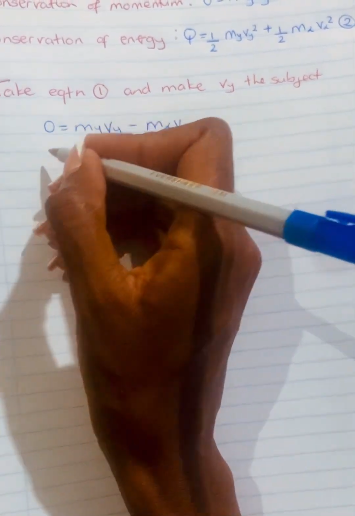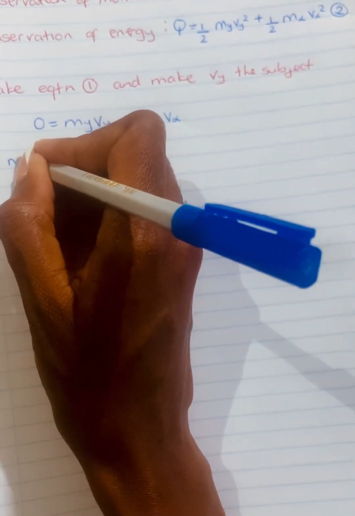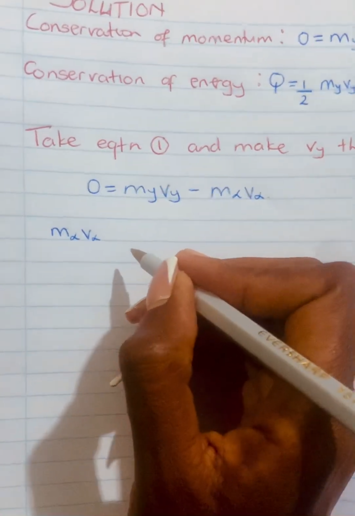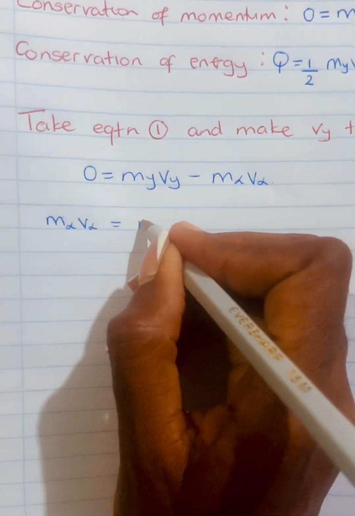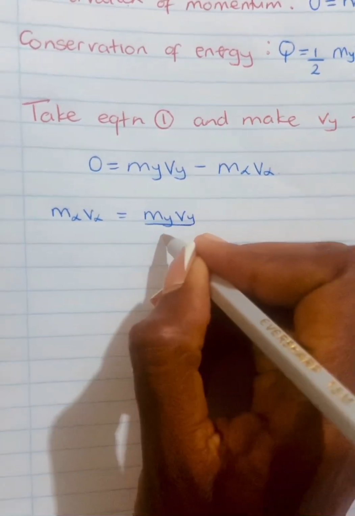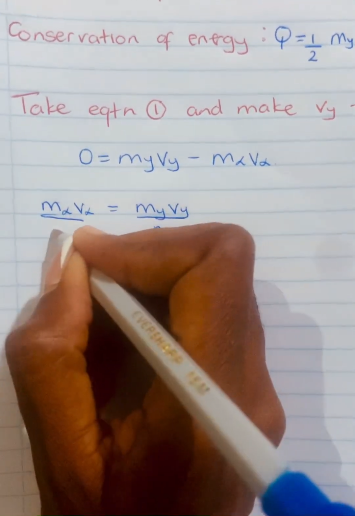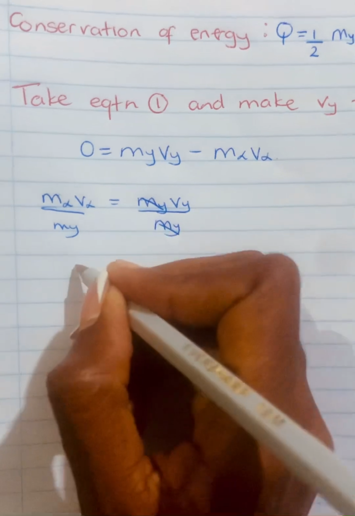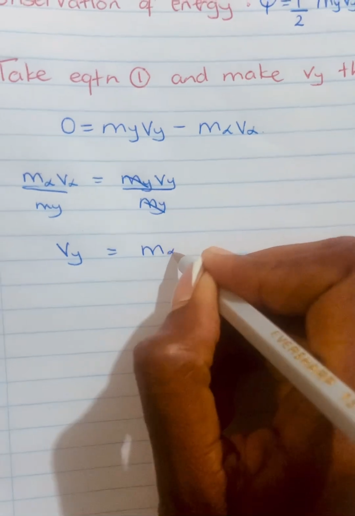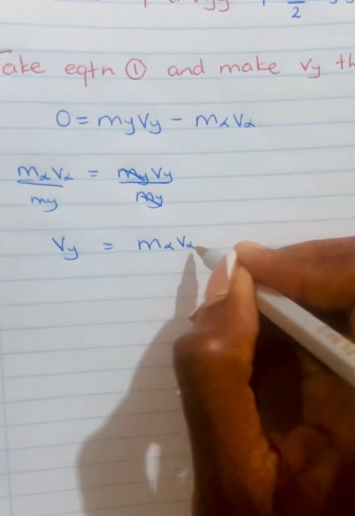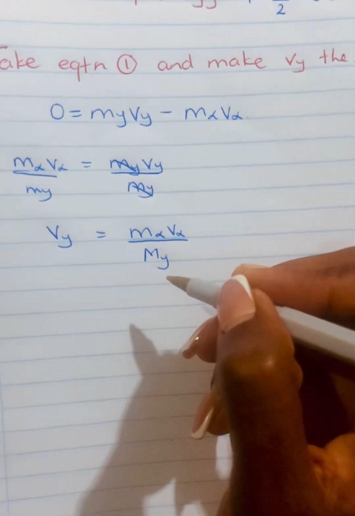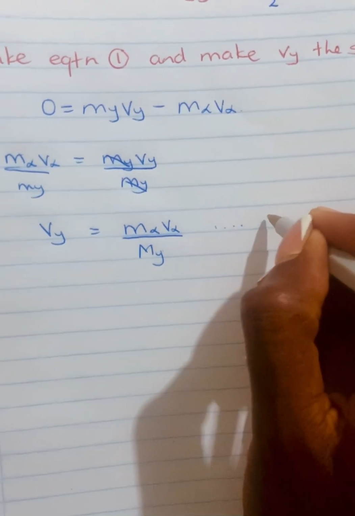So we are going to make m_alpha v_alpha equal to m_Y v_Y. Now we divide both sides by m_Y. This is going to be v_Y equals m_alpha v_alpha over m_Y. So this is going to be our equation 3.